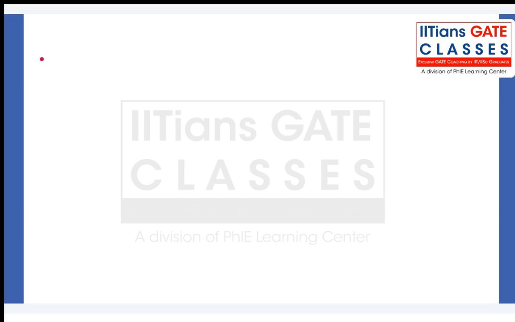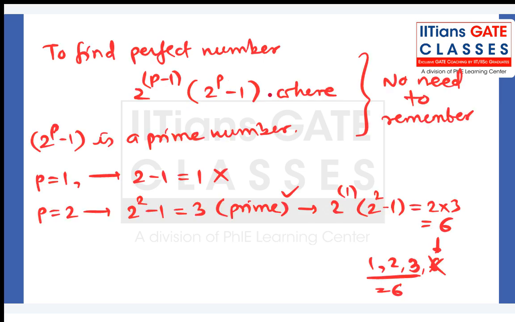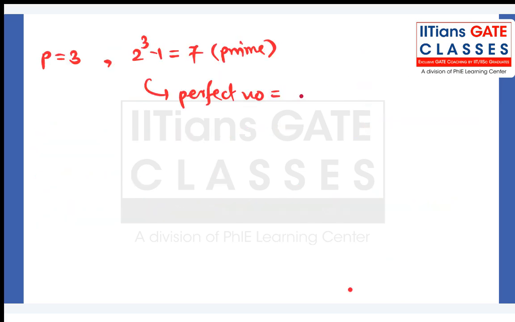Like that, if you take p equal to 3, then 2 power 3 minus 1 is 7. It is also prime. Therefore, the perfect number associated with this will be 2^(p-1), that is 2 squared, which is 4, into 7. So that is 4 into 7, 28.